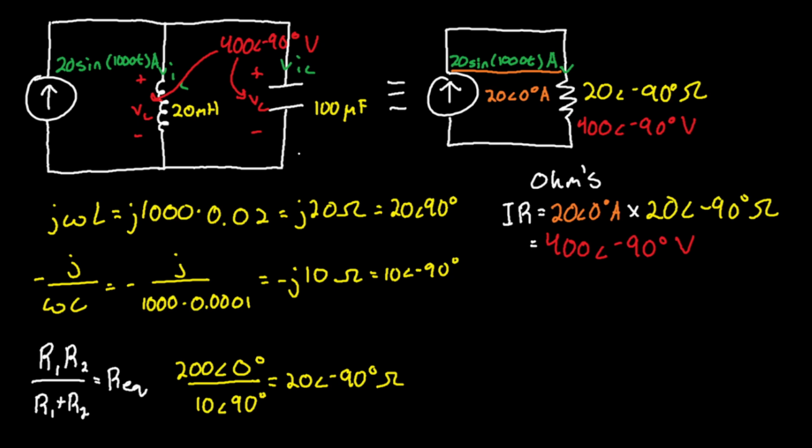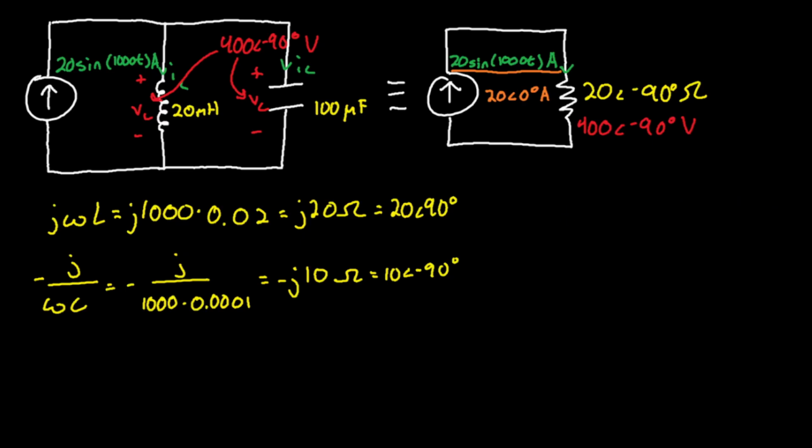But we don't have any resistances, or do we? The resistances are the impedances at these individual elements, or these inductors and capacitors. So all we need to do is use plain old simple Ohm's law. We should get voltage divided by resistance is equal to current, right?